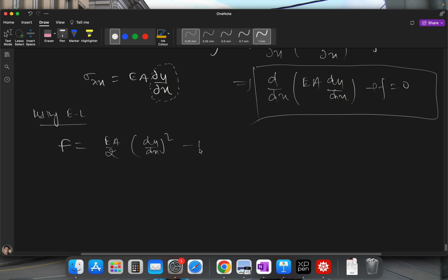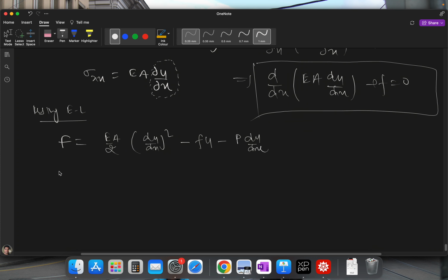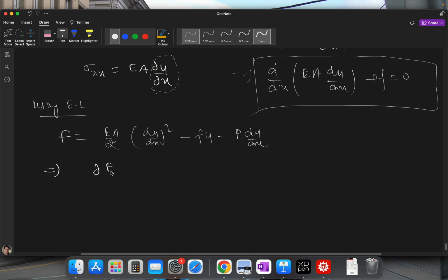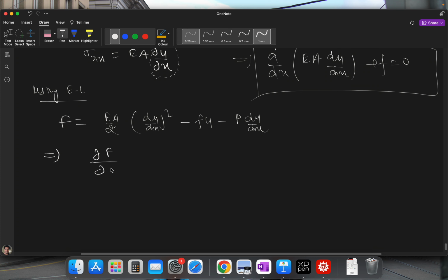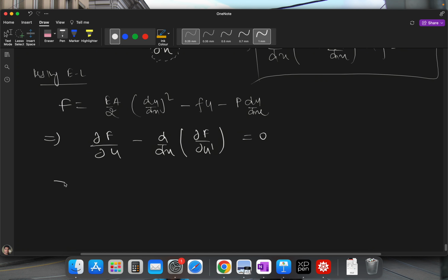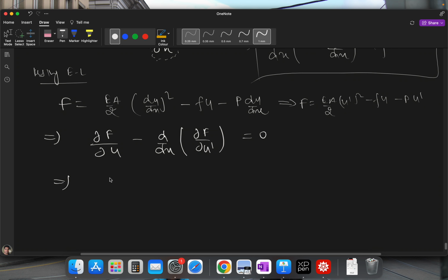Right? Yes, sir. So what we will do is del f by del u minus d by dx of del f by del u dash equal to 0. Or you can also write f as EA by 2 u dash square minus fu minus p u dash. Right? Yes, sir.